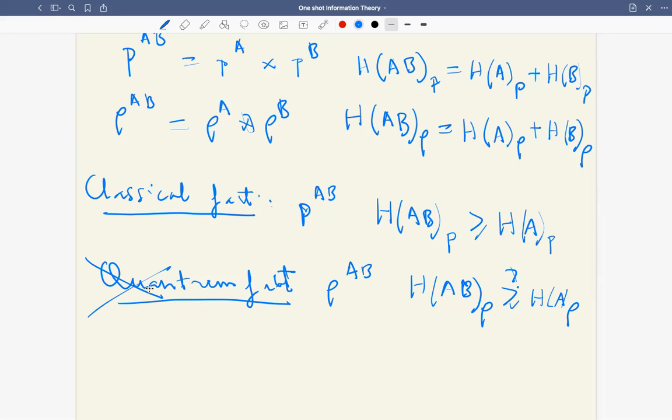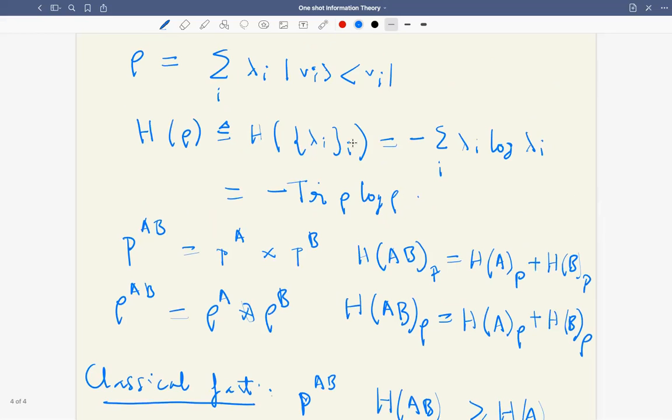Before we go ahead, the entropy is always non-negative, which you can easily see from this definition. Entropy is zero for pure states only. When I have a pure state, lambda 1 is 1 and the other lambdas are all 0.